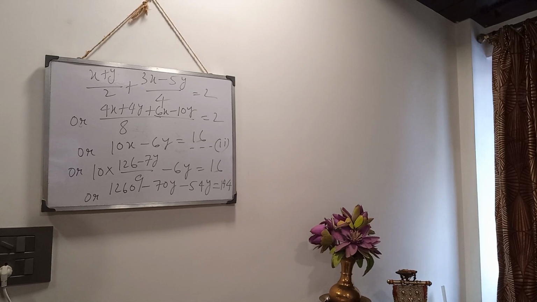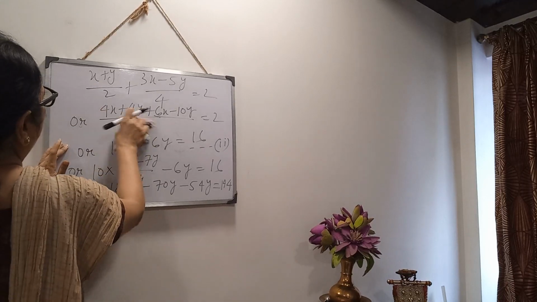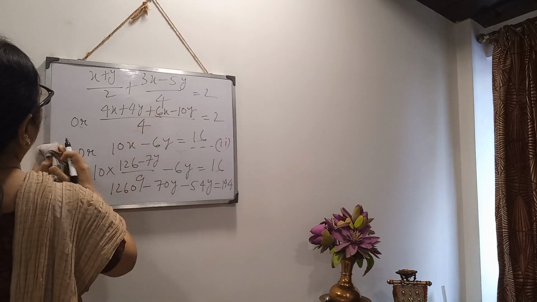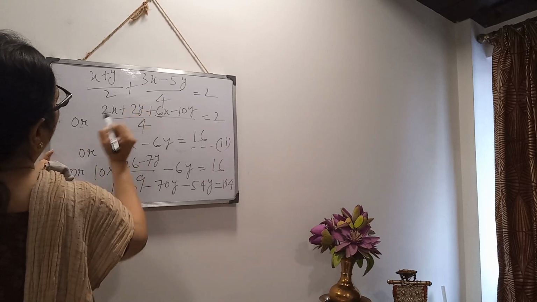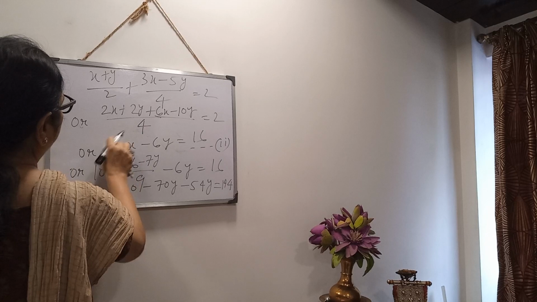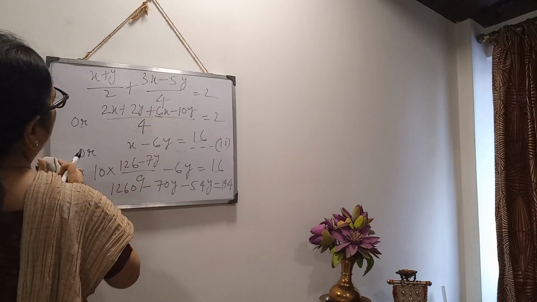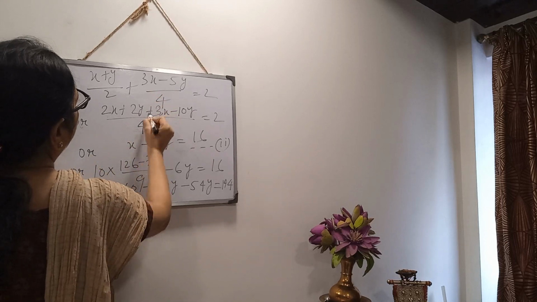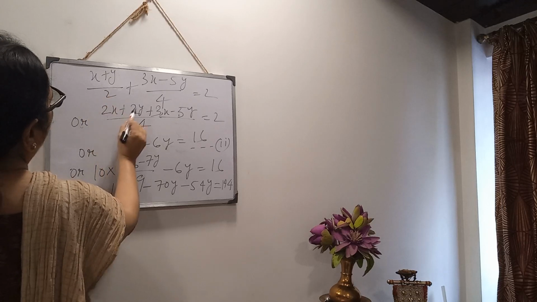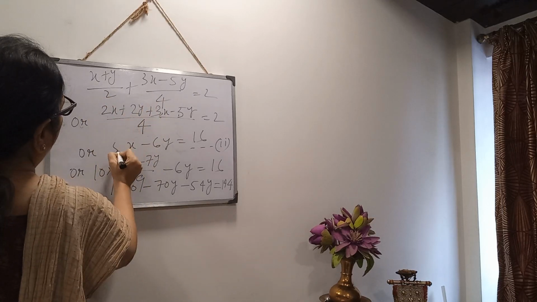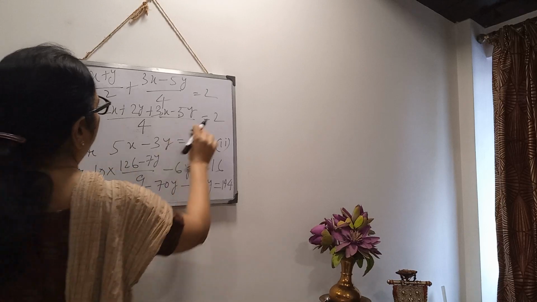Sorry, here LCM will be 4. So it is 2x plus 2y plus 3x minus 5y. 4 is the LCM, so 2x plus 2y plus 3x minus 5y gives 5x minus 3y equals to 8.